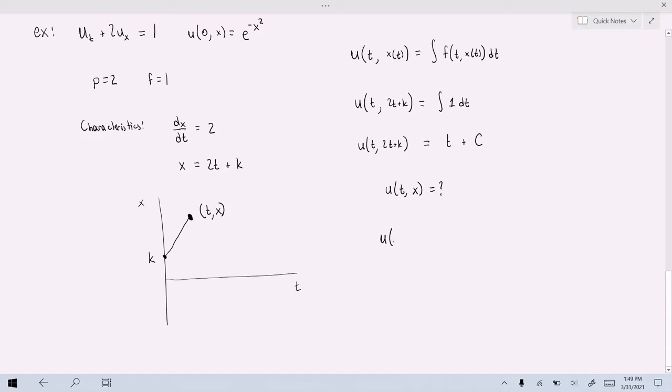So first, let's travel back in time along the characteristic to this initial point where t is 0 and x is k. If we plug in 0 for t into this expression, then we will get that u evaluated at (0, k) should be equal to the constant c.